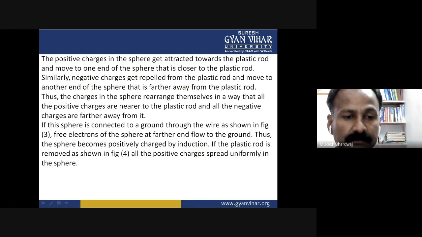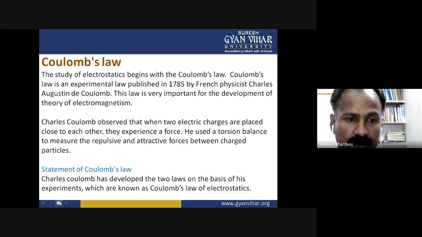Next, now we are starting with Coulomb's law.